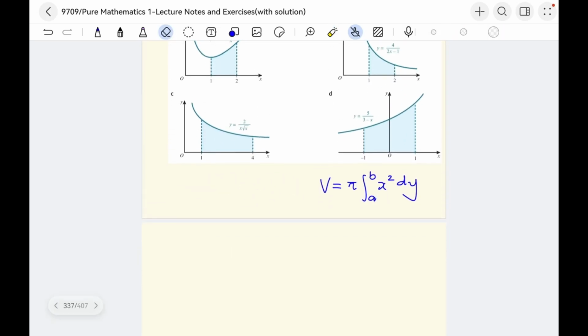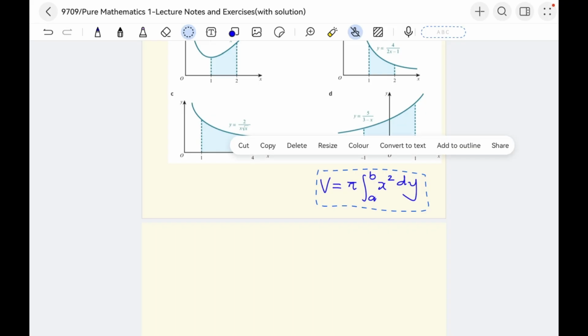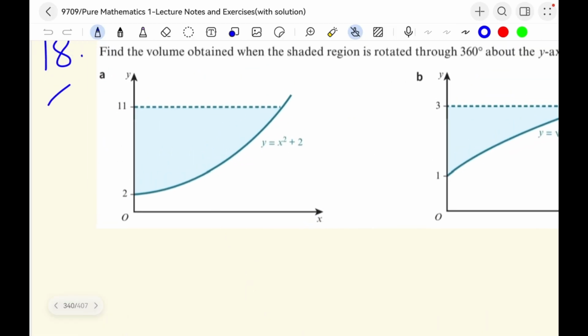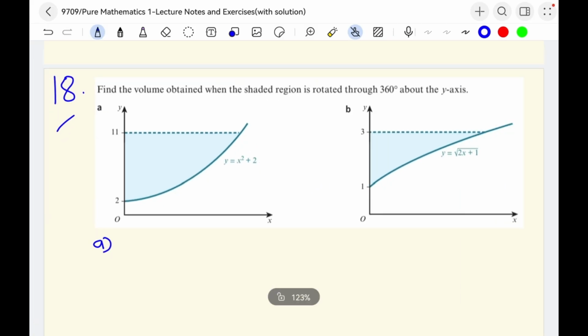Now, by using the formula stated over here, we find question 18. A. This is the volume of the shaded region rotated about the y-axis, which means that we should get rid of the variable x.